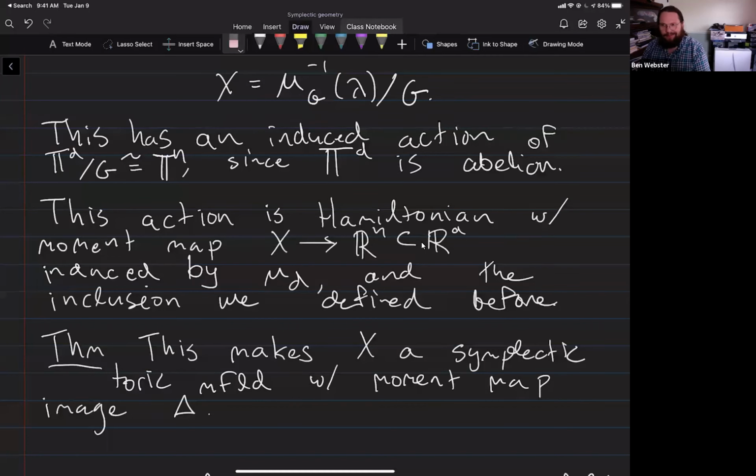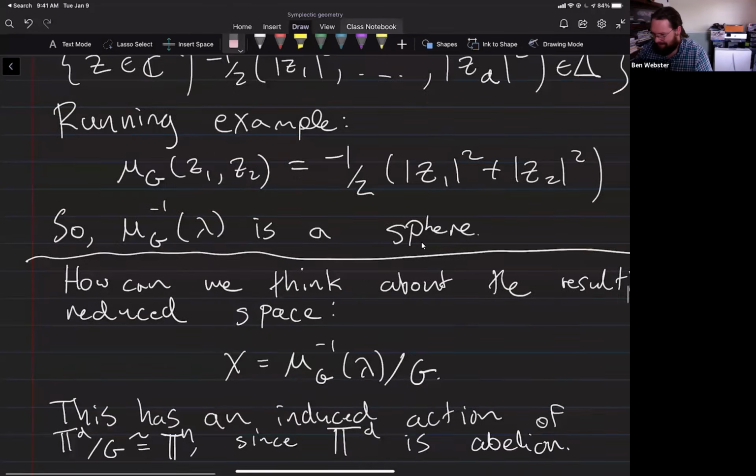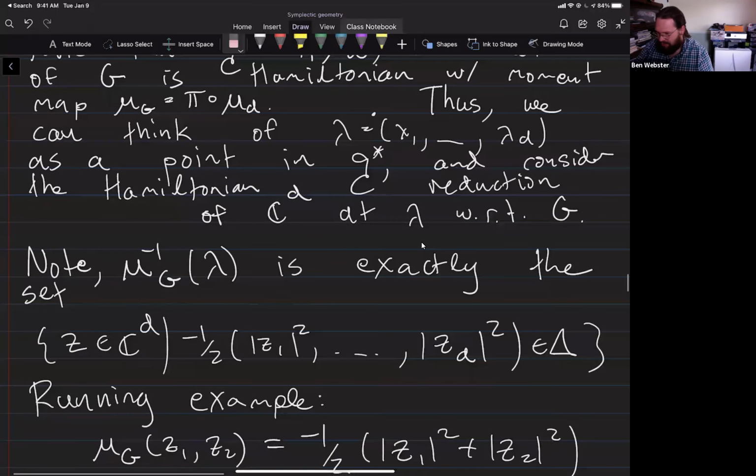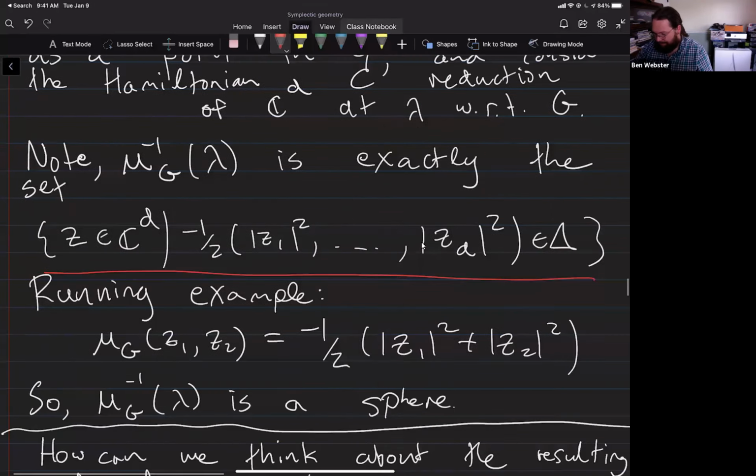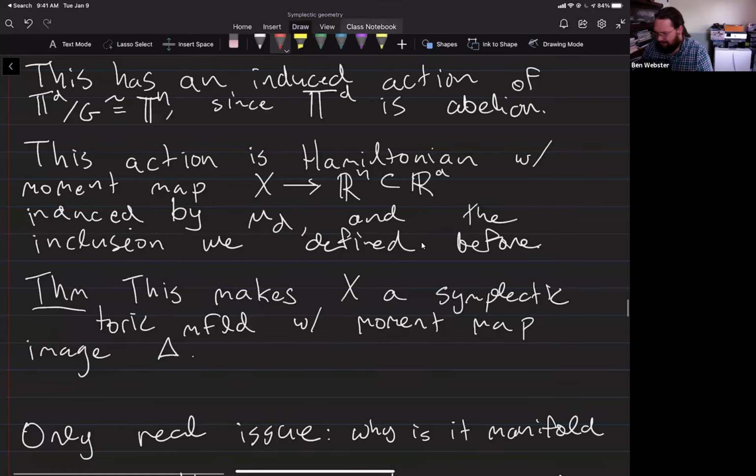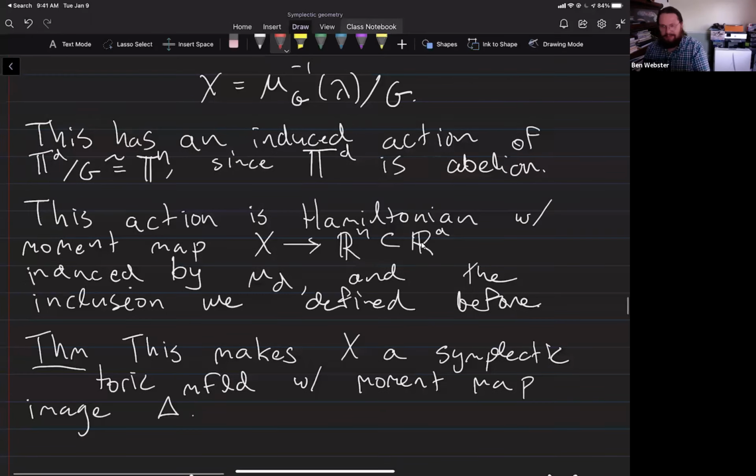Well, if you think about what's the image of the moment map, it's delta. So essentially by this observation, we found that we have a moment map and its image is delta. So theorem, this makes X into a symplectic toric manifold with essentially by construction, moment map image delta.